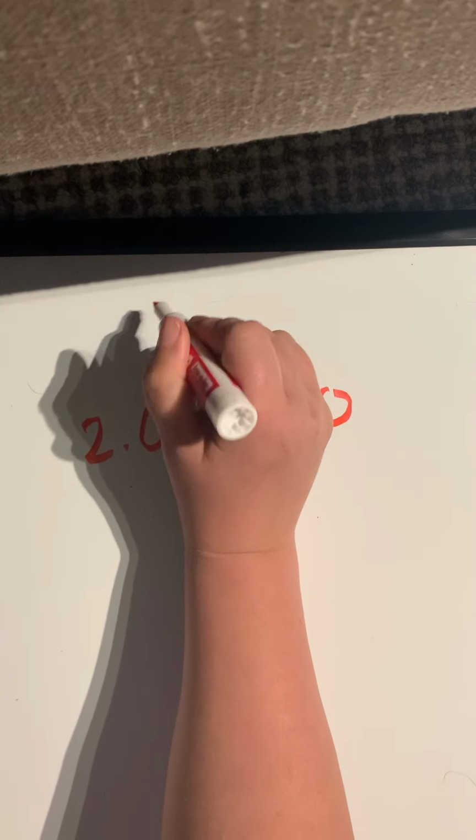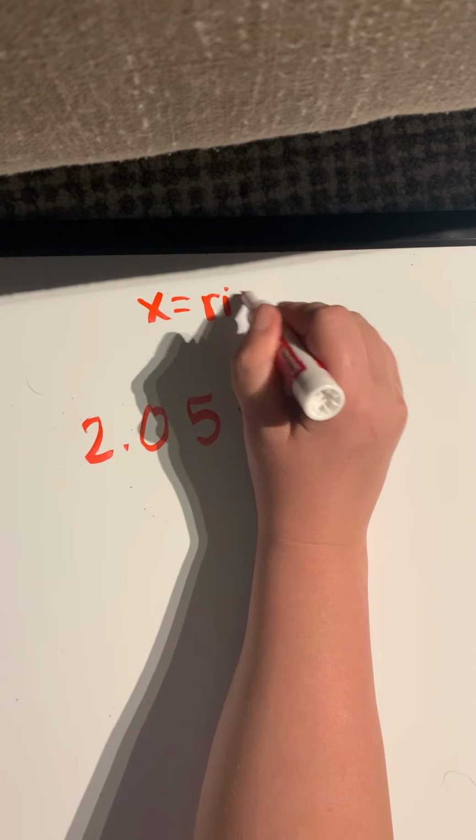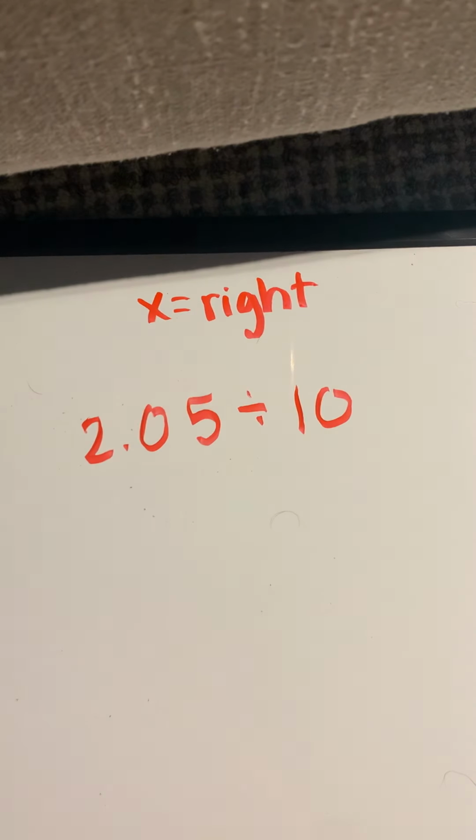Okay? All right, let's try another one. It's going to be the same thing, except we're going to divide. I just want you to see this. Stick with me. So we have 2.05 divided by 10. Now, that's not multiplication anymore. That's division. When I multiply, I go to the right, just like we just did.